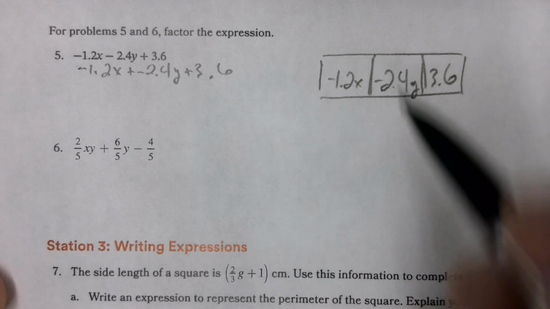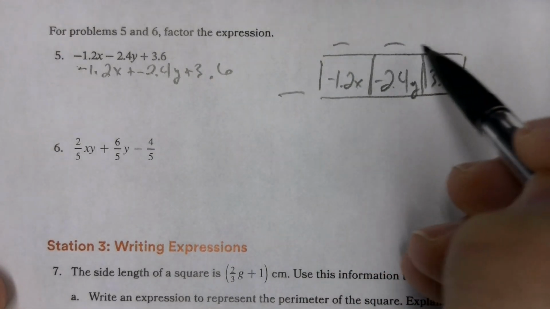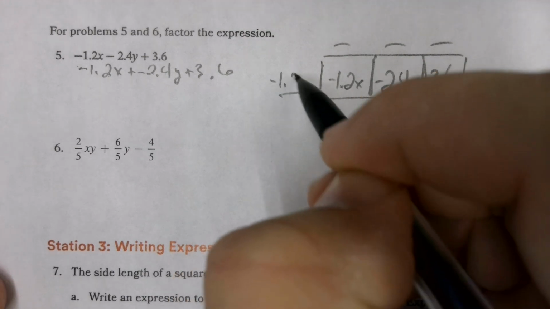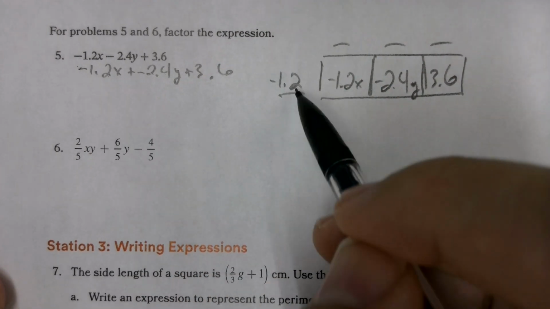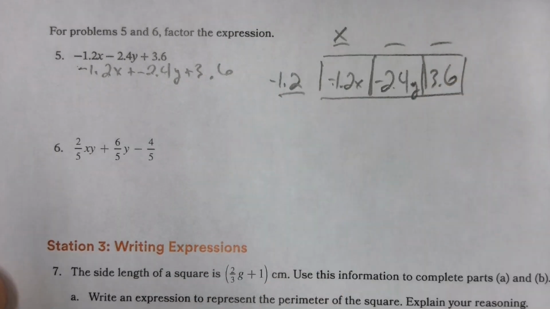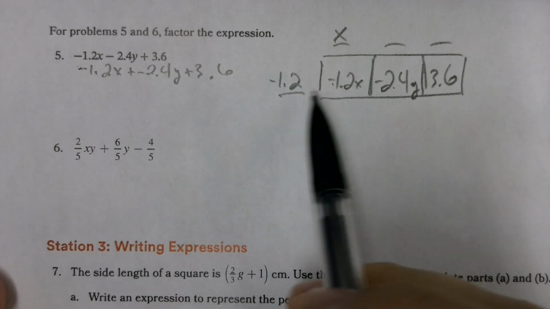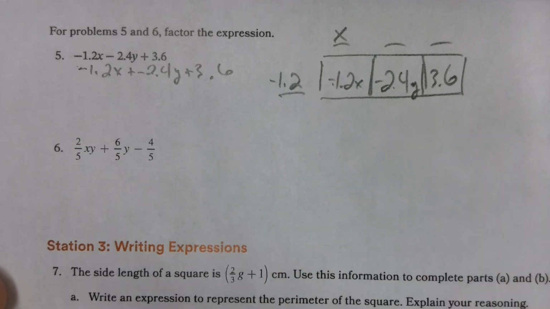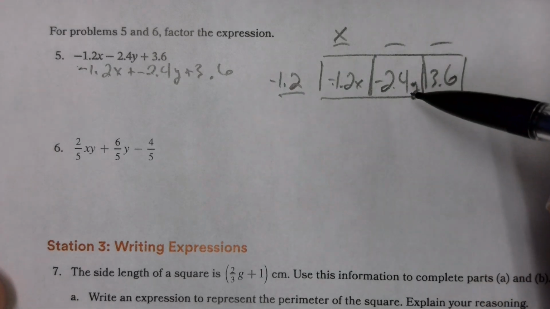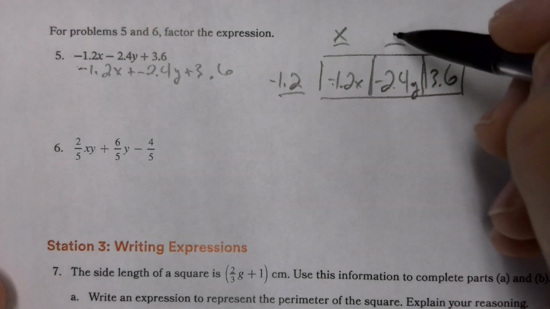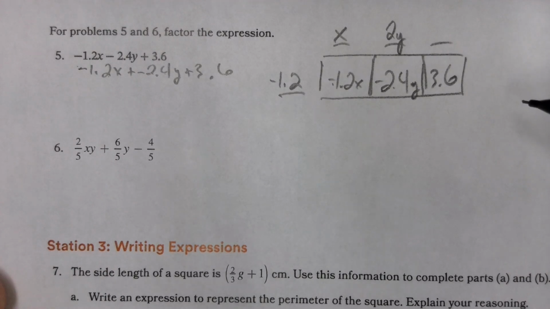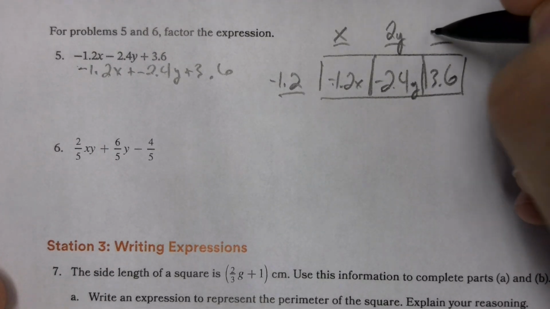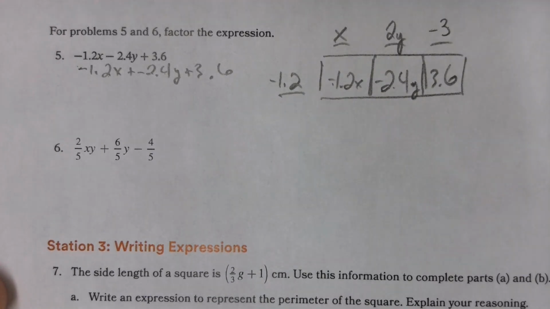If you think about it in terms of the boxes, what am I going to pull out? Well, I'm going to pull out a negative 1.2. That turns this into x, because negative 1.2x divided by negative 1.2 cancels out the 1.2s. Negative 2.4y divided by negative 1.2 is 2y. 3.6 divided by negative 1.2 is negative 3.